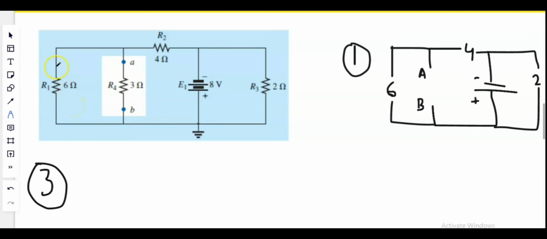So we are going to find the voltage across R1. So basically 4 and 6 will be in series while 2 will be in parallel to them. And then we will redraw this diagram again.